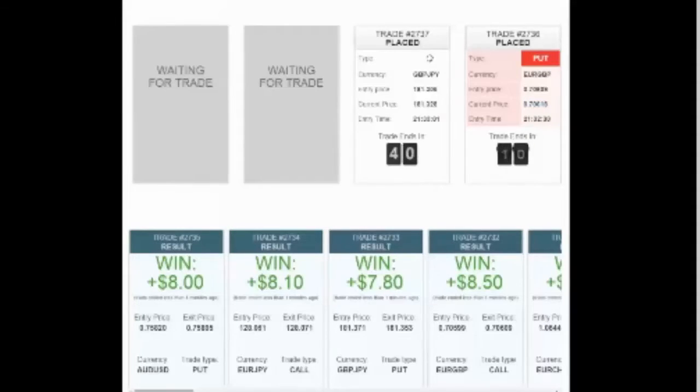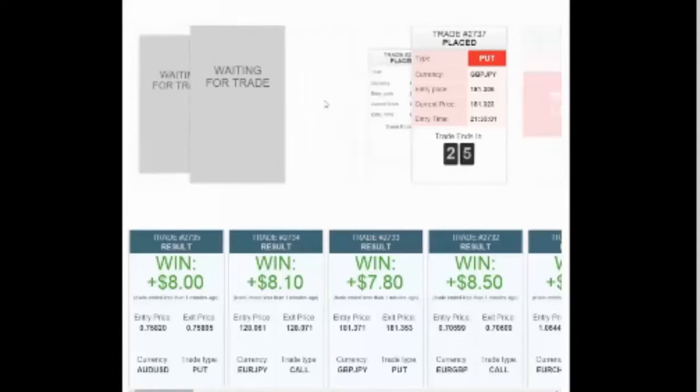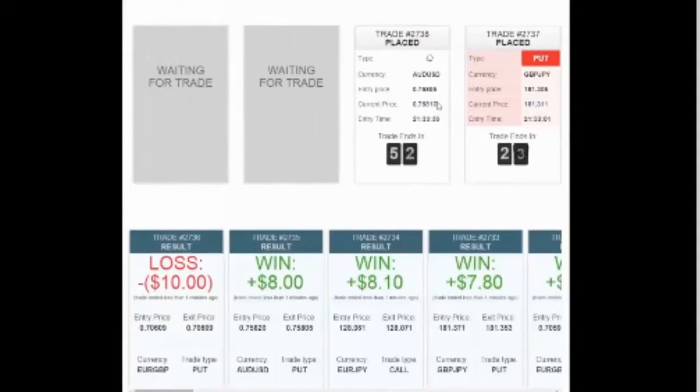Okay, so this is what you see when you're on my website. Now, this is the real-time performance, the live real-time performance of Binary Boom. And at the top, you'll see the ongoing trades. These are trades that are happening right now, this very second, 60-second binary option trades right here.